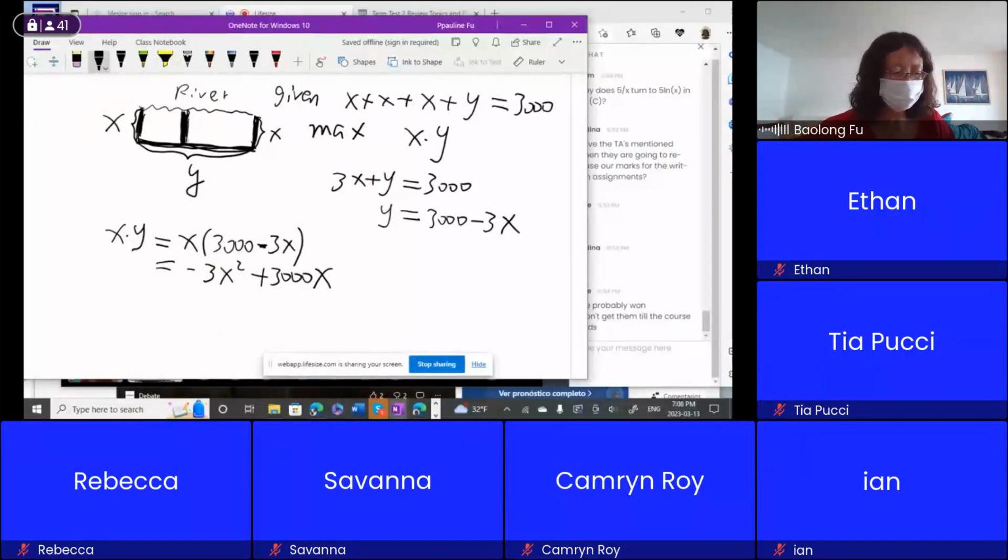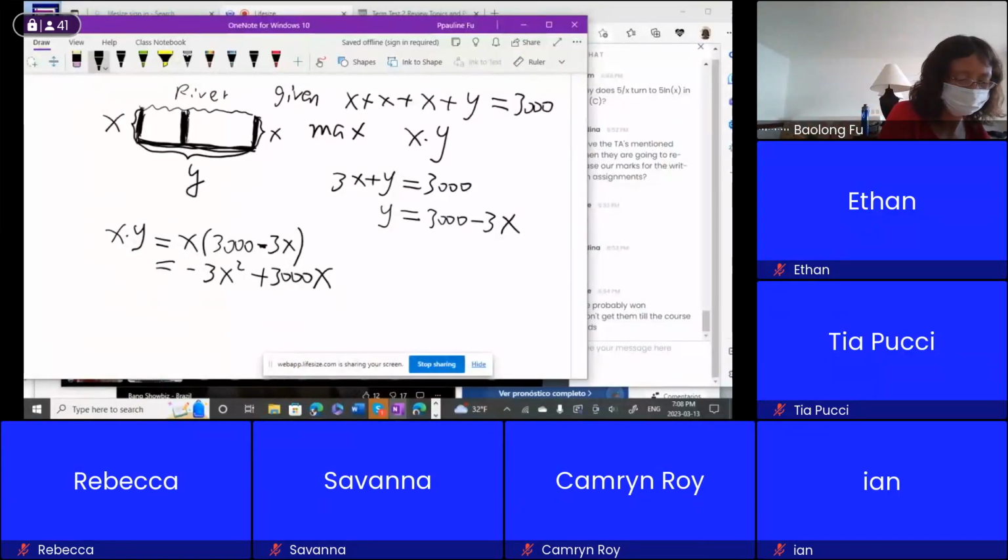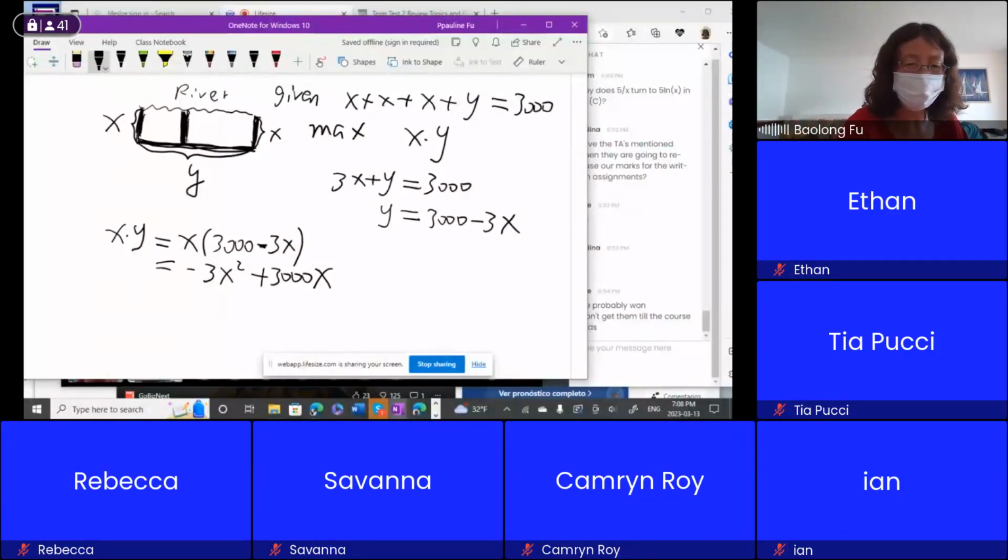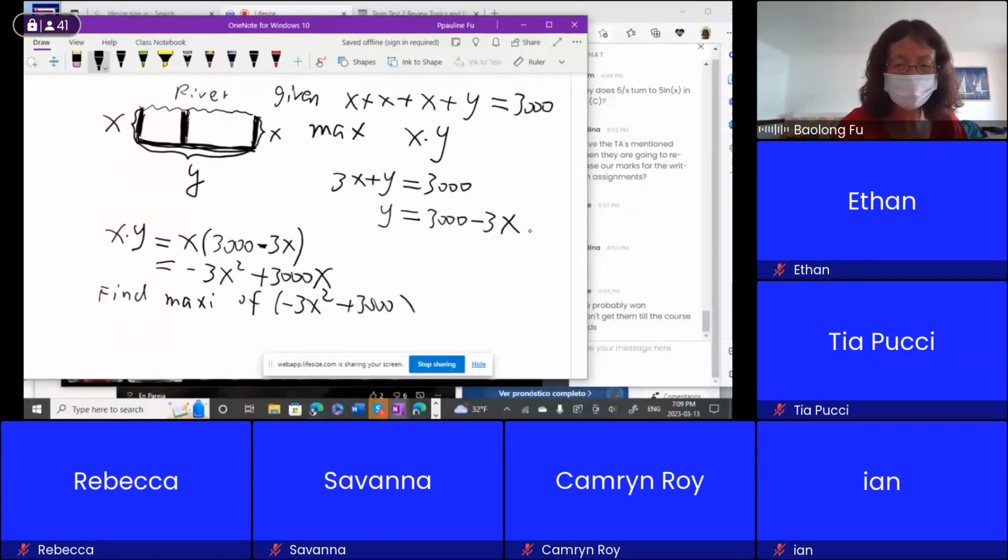Any questions? And the problem becomes: find the maximum of this area. The problem is to find the maximum value of negative 3x squared plus 3,000x.